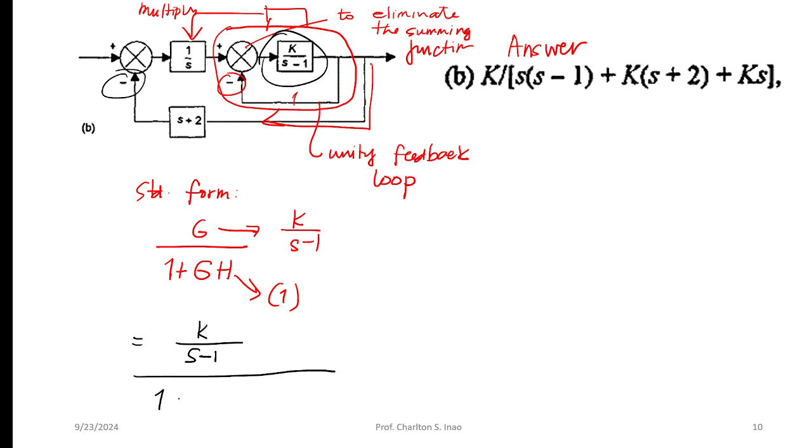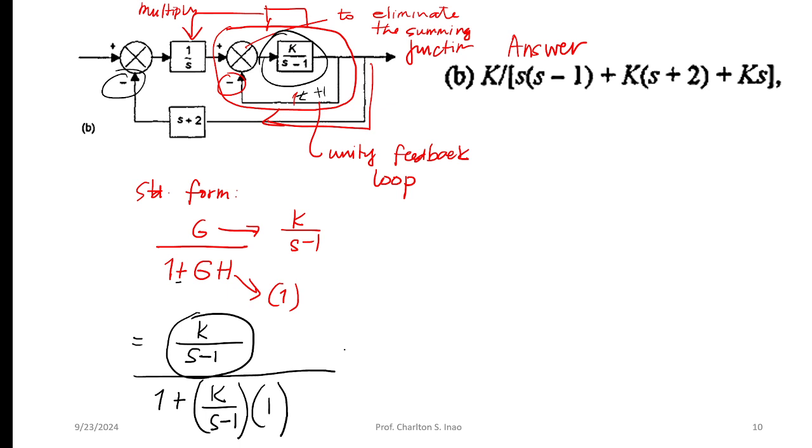If it's negative, that's the reverse, positive, right? So this one, positive. What about G? So this is the G. So we're going to copy this. K over S minus 1. What about the H? So this is the H, right? So 1 only. Okay.